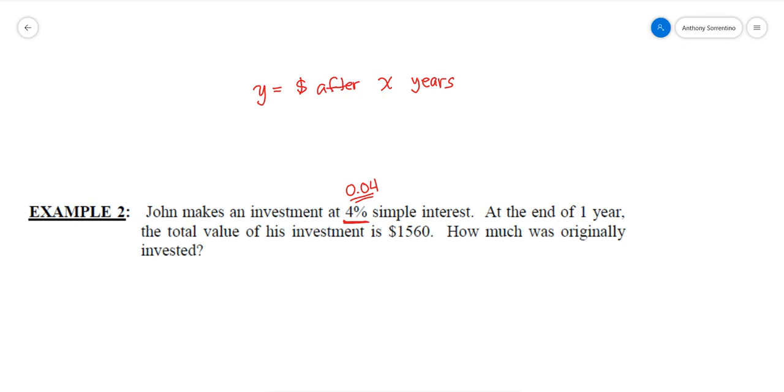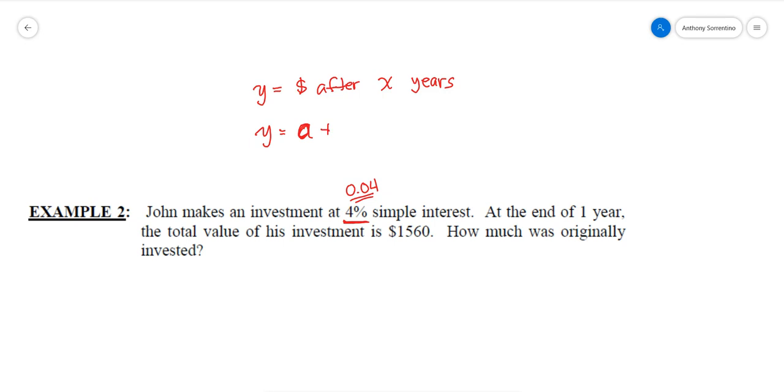So what's going to go on with this is, well, I'm going to start with an initial investment. I don't know what that investment is. Okay, so I'm just going to call it for the time being, let's just call it A. So that's the amount I invest. That's what I'm looking for.